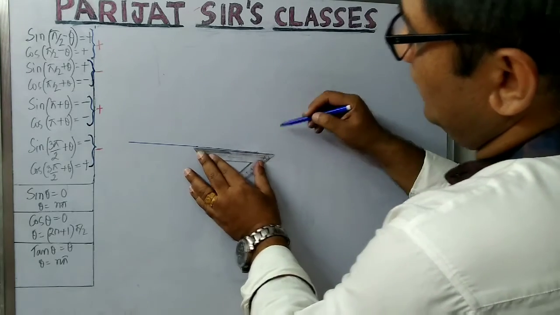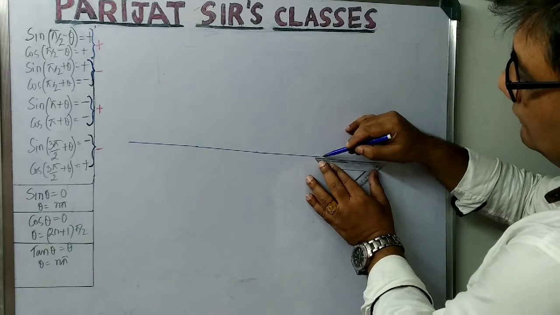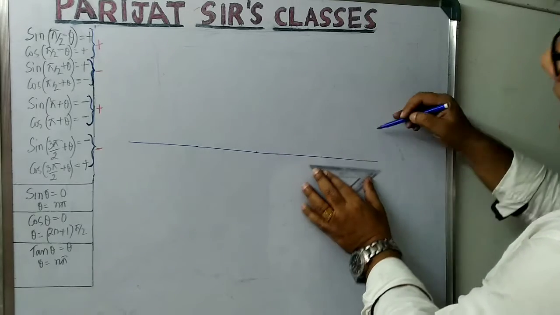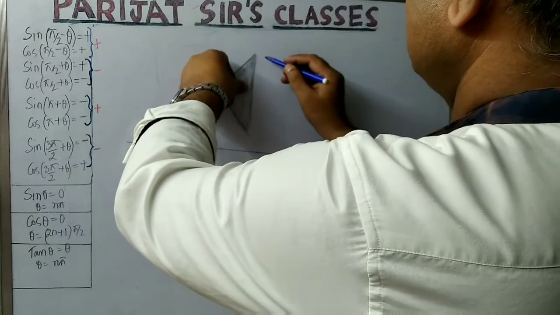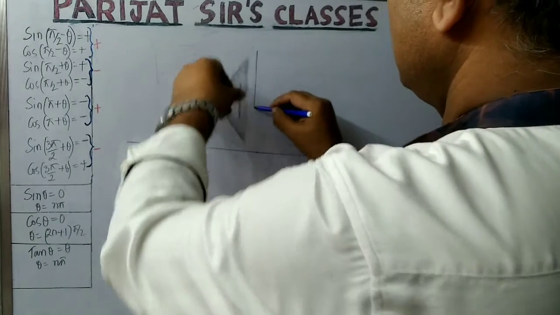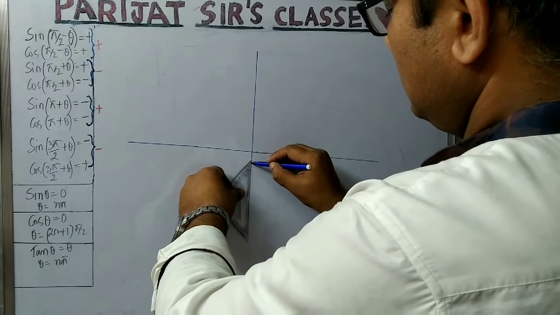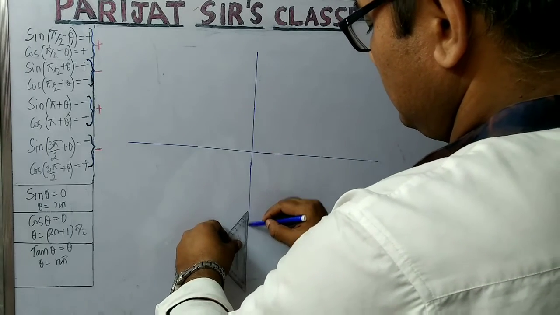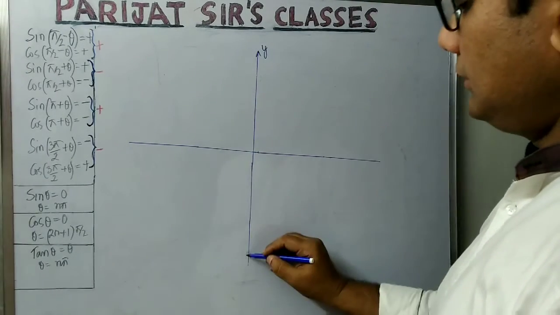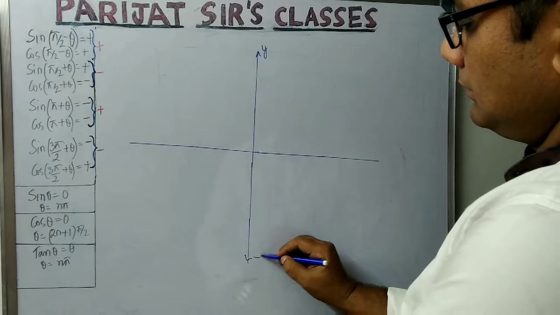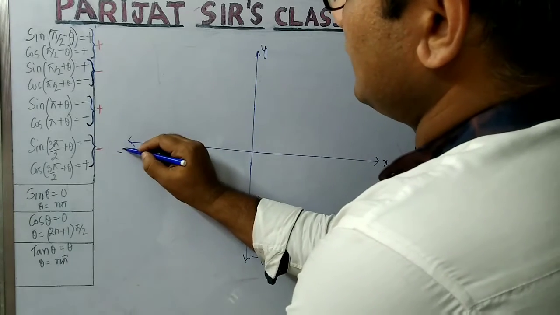So if this is the coordinate axis, the x-axis, and this is the y-axis. I hope it doesn't get a little bit inclined. Here this is the y-axis, this is the negative y-axis, this is the positive x-axis, and this is the negative x-axis.